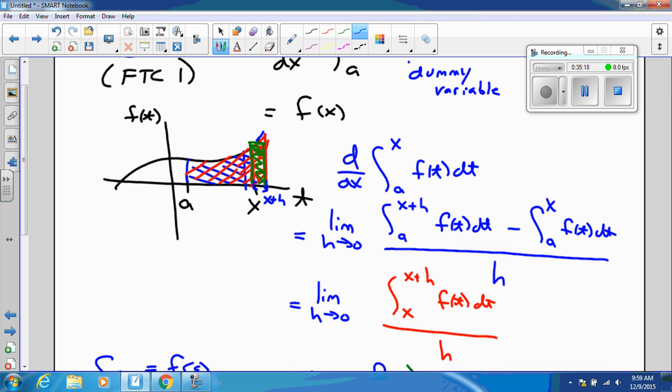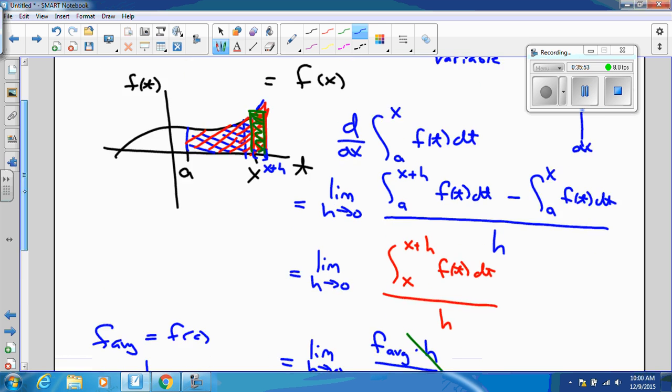So Leibniz is thinking of the little tiny sliver whose width is dx and whose height is f of x. He's saying the rate at which my area is accumulating is equal to f of x dx divided by dx. That's it. That picture is not, the math expressed there is not very rigorous. This is a rigorous math, but it sure does give us a really powerful picture.